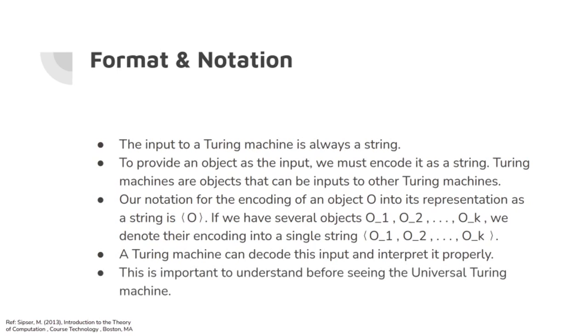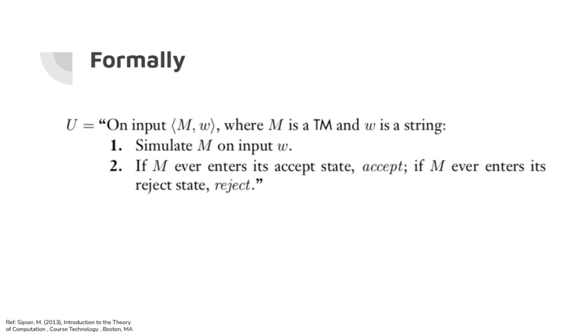So now we will take a look at formally what the universal Turing machine is. Formally, we define U as: on input ⟨M, w⟩, where M is a Turing machine and w is a string, it simulates M on the input w, and if M ever enters its accept state, U will accept.